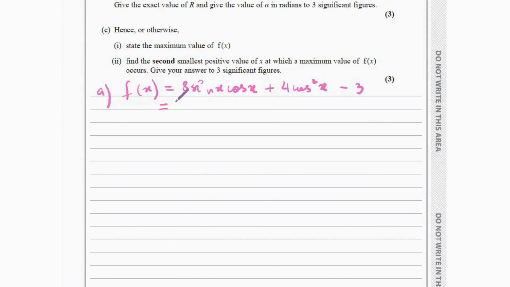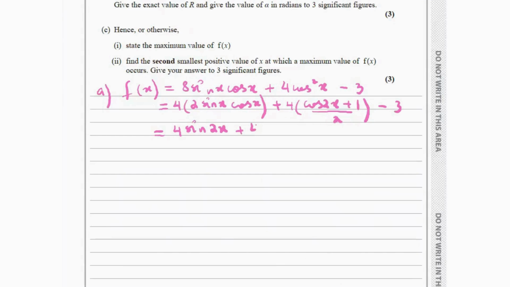So if I split this into 4 times 2 sine x cos x, and we can rewrite the cos square x as cos 2x plus 1 over 2. Once again, I'm using one of the identities. Minus 3 comes as it is. So 2 sine x cos x gets replaced with sine 2x.